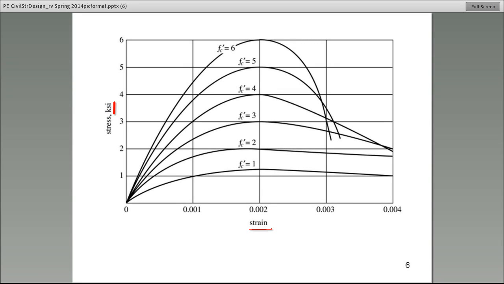Now, what else can you tell me? What can you tell me about 0.003? And remember, the x component here is strain. Axial strain, last week we defined as delta L over L. So when strain is 0.003, what observation would you make?